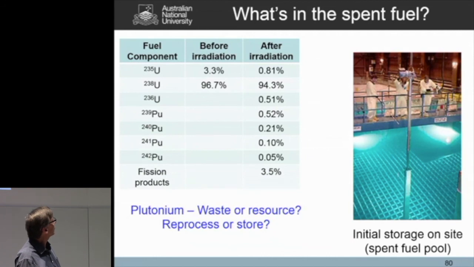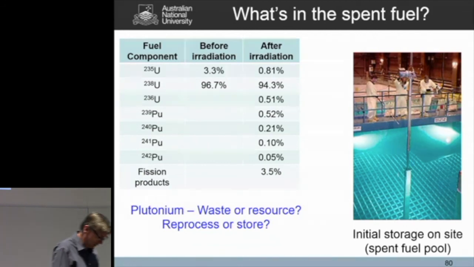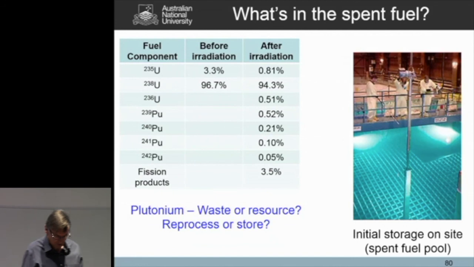There's uranium-235, which actually, after irradiation, still has a higher enrichment than is in natural uranium. And then there's a certain amount of plutonium isotopes. So you can view this plutonium as waste or as a resource. You can say, should I just reprocess it or store it, or should I just dump it?